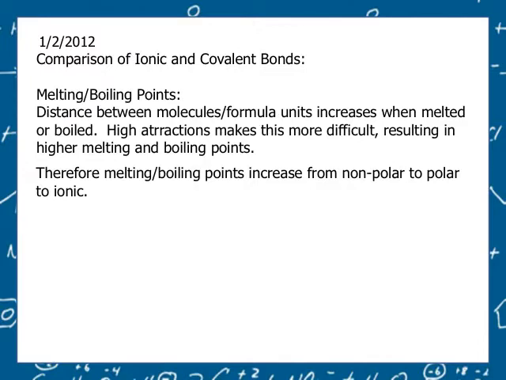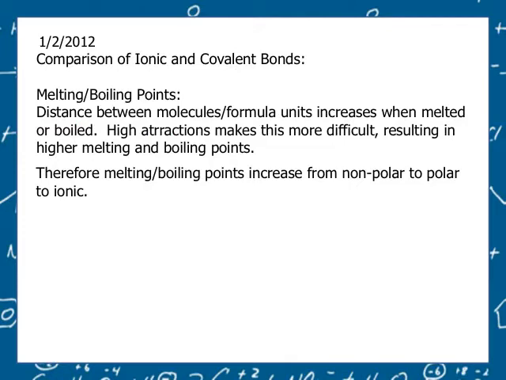The next property I'm going to talk about is melting and boiling points. Anytime you melt or boil a substance, you increase the distance between the molecules. So if there's a very high attraction between them, this is going to be more difficult, which results in you having to increase the temperature further in order to melt or boil a substance. So you'll have higher melting and boiling points.